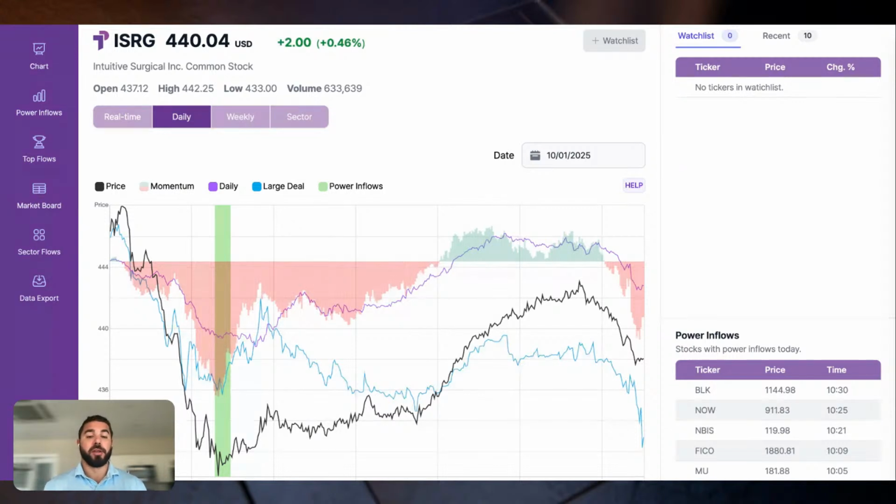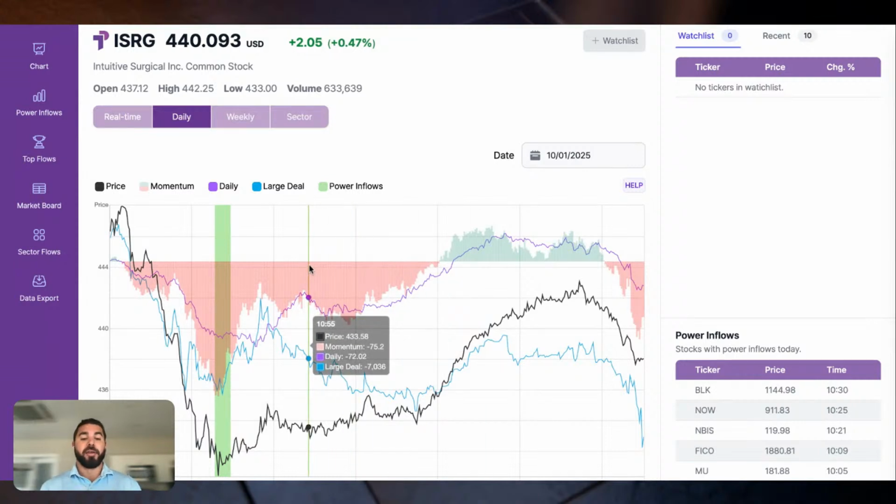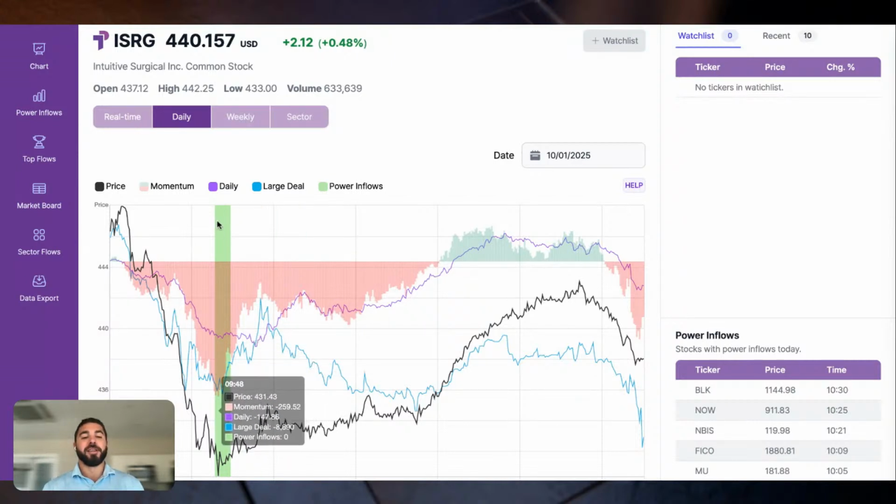The green indicates there's more buying than selling, and the red on the left indicates there's more selling than buying. And then lastly, and maybe most importantly, I want to point out the vertical green bar that you see. That is what we call our power inflow algorithm, our power inflow signal.